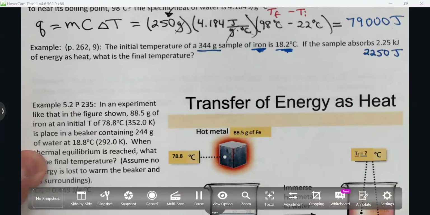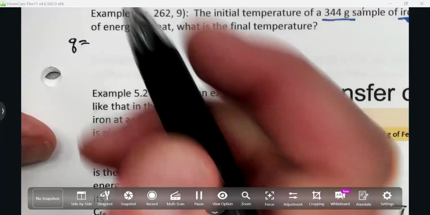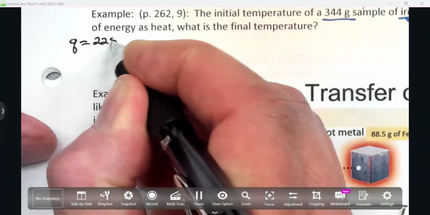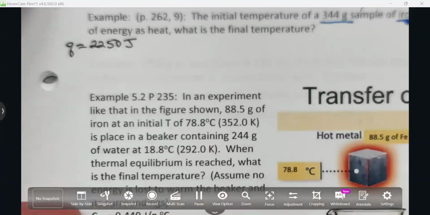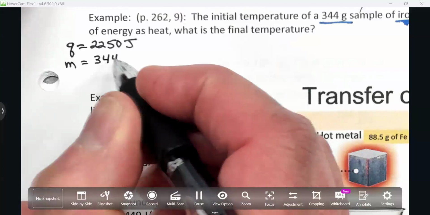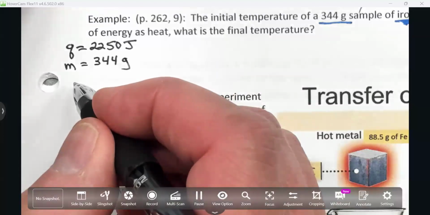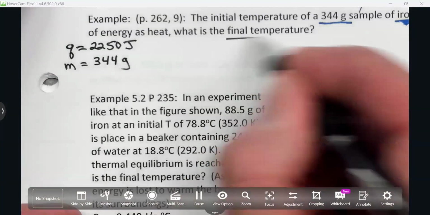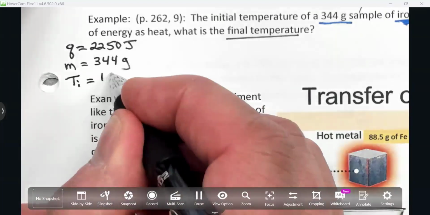So I want to identify everything for this one. We've got 2250 joules as my heat. My mass, 344 grams. T initial is 18.2.